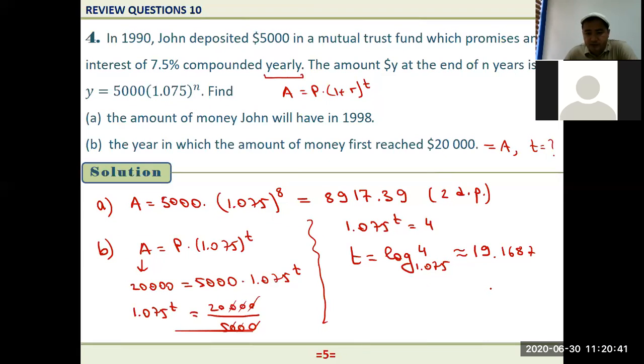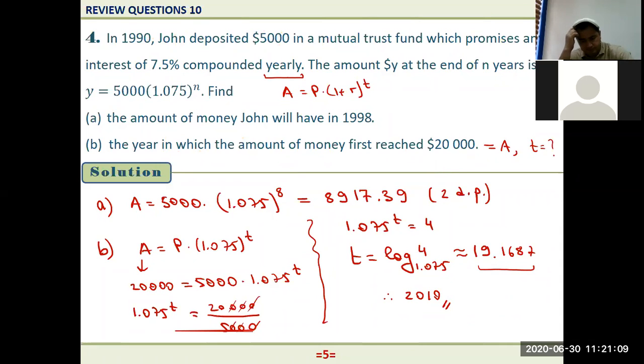So the answer is 20, and 1990 plus 20 is the year. The year in which the money first reached 20,000 is 2010, because it takes 20 years for this money to grow to $20,000.